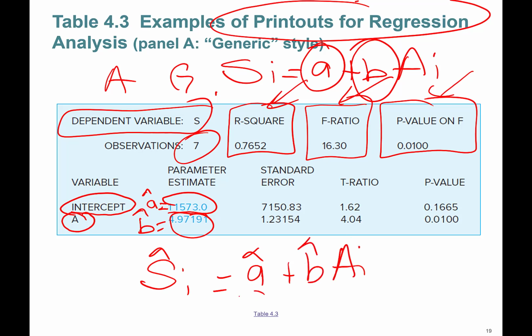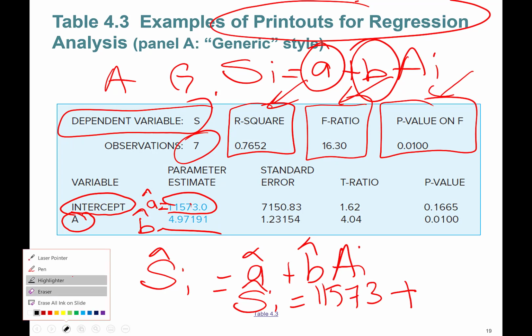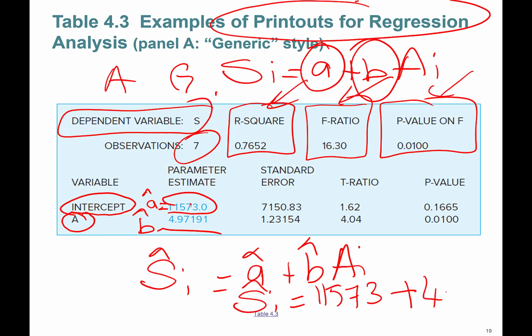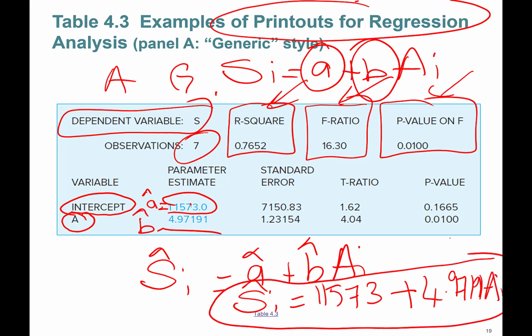So you can write it down as SI hat equals 11,573 plus 4.97191 AI. Okay, so this is your estimated predicted model. These are a little bit tight, I'm sorry.